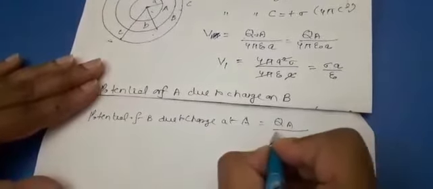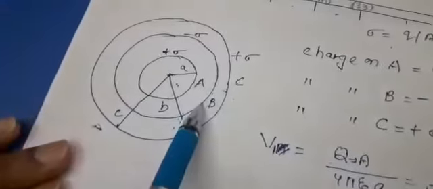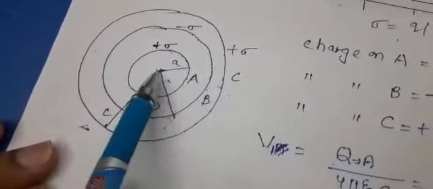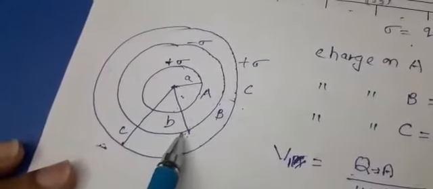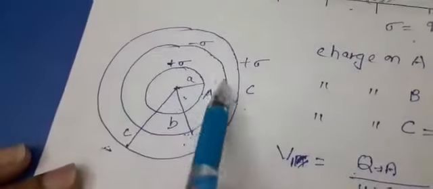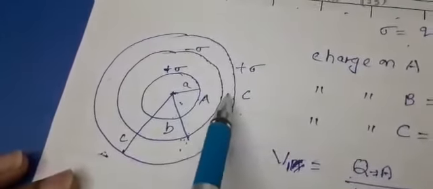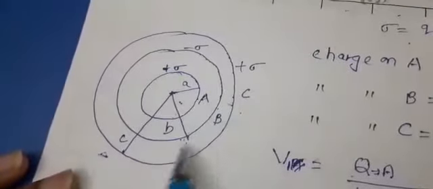Now the most important point, 4 pi epsilon naught is the same. What will be the distance? When you have to calculate potential at point B, you will not consider distance A, you will consider distance B. In that case, this charge will be contributing to the outer sphere. Inner charge will always reside on the outer surface. So the distance will be B.